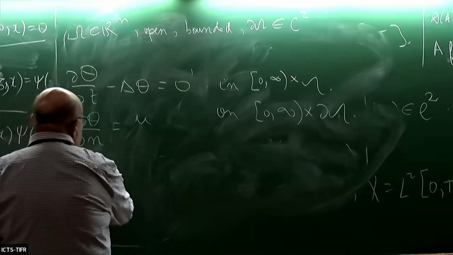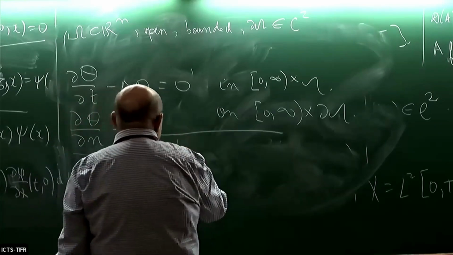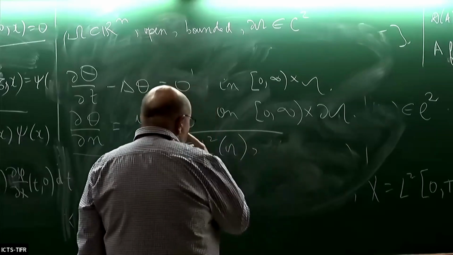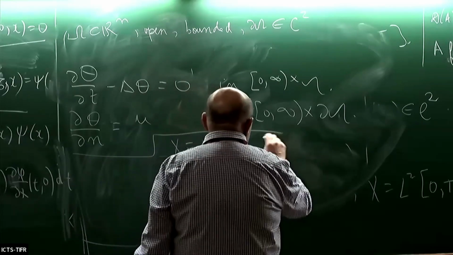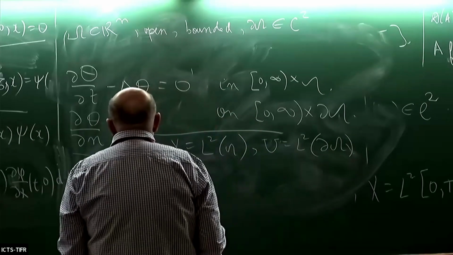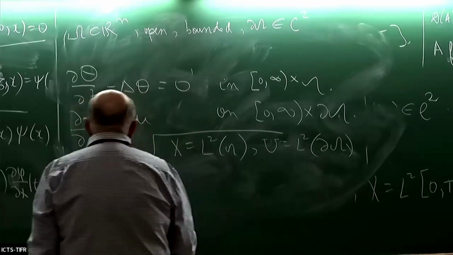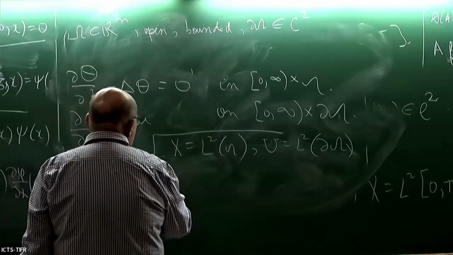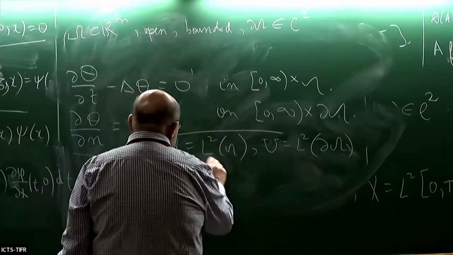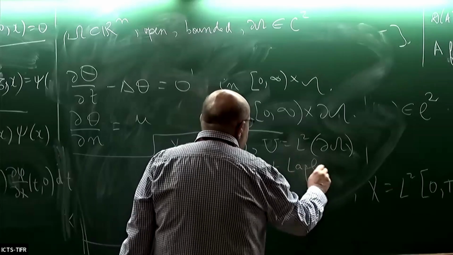This can be written as a well-posed linear system with X equal to L2 of omega, U equal to L2 of the boundary, and A the Laplacian with its usual domain. I don't say anything more.